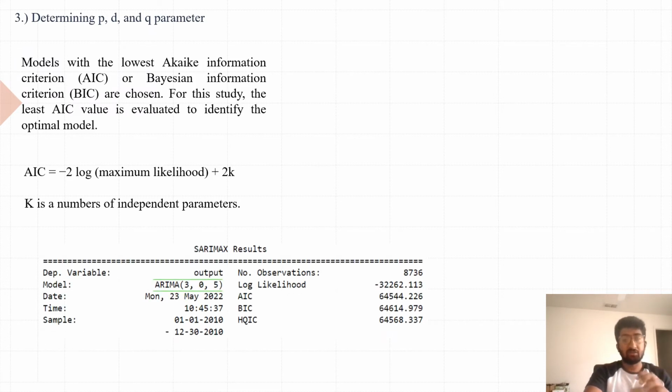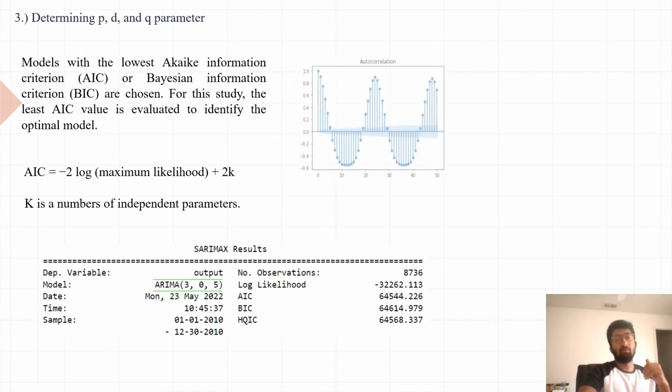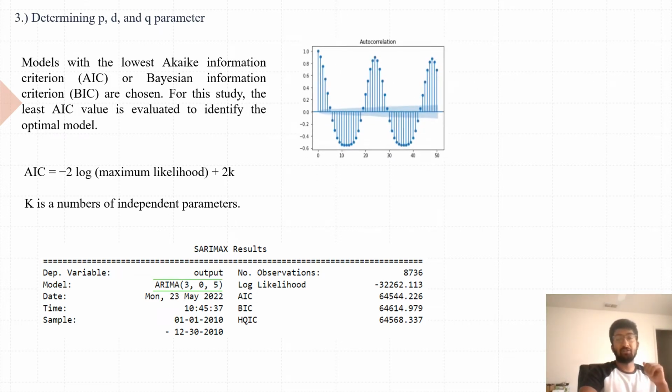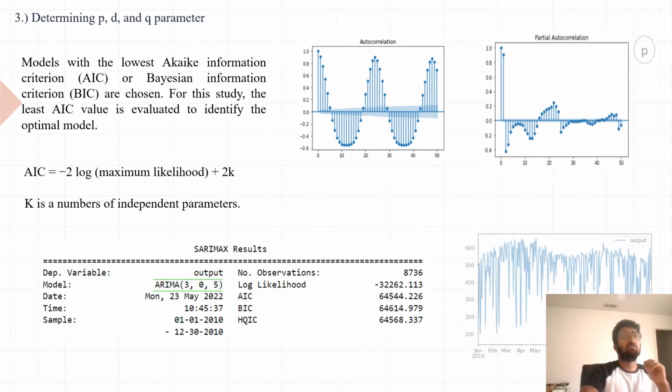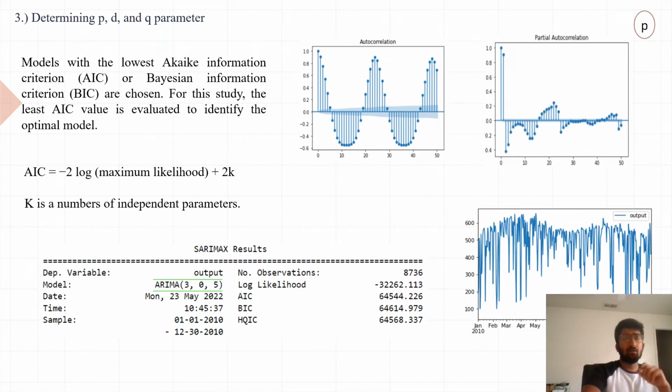So this is the result that was obtained from our code. We get the ARIMA PDQ value as P as 3, D as 0, and Q as 5. Let's see if we can compare this with the autocorrelation and partial correlation graph that I talked about. We can also determine this (3, 0, 5) tentatively from the graph.